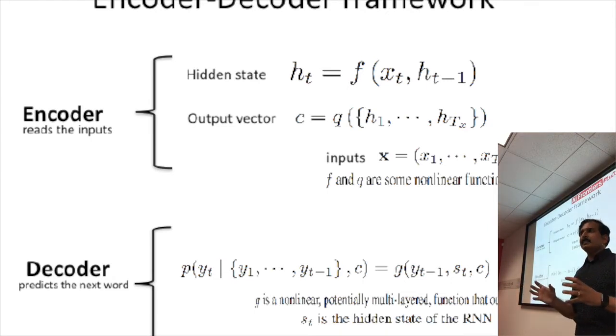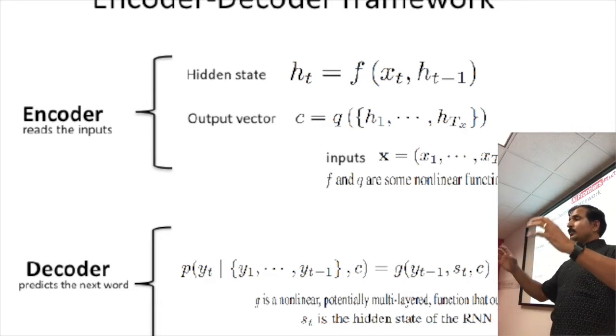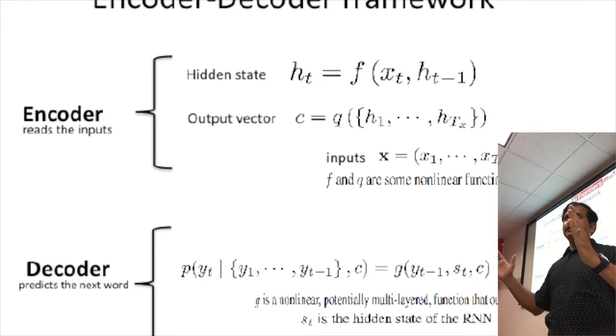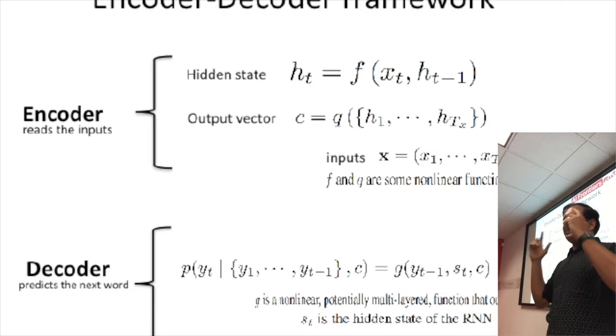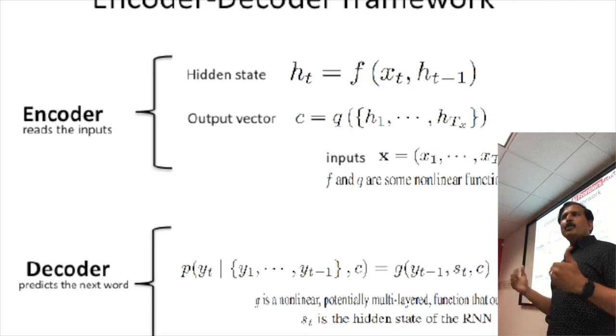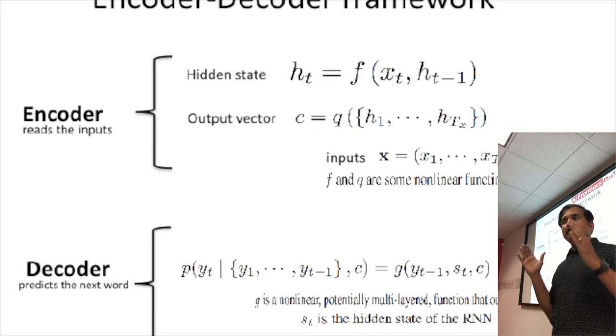This context vector would capture all the essence, all the meaning, all the words, all the combinations of the words in the input. Sometimes when I wake up in the middle of the night, if I forget that I'm an NLP guy, I wonder how it is possible that it can capture so much information. But believe it, it does.